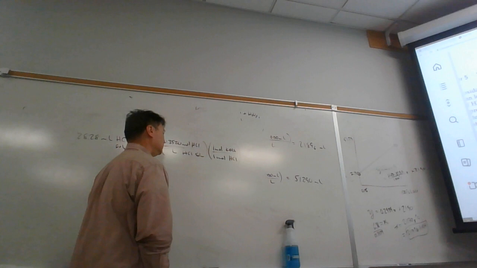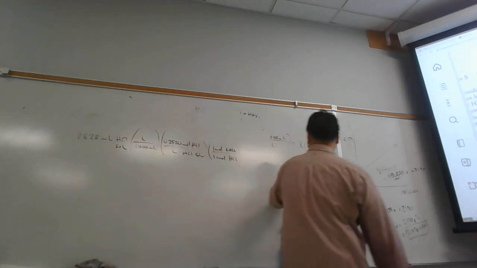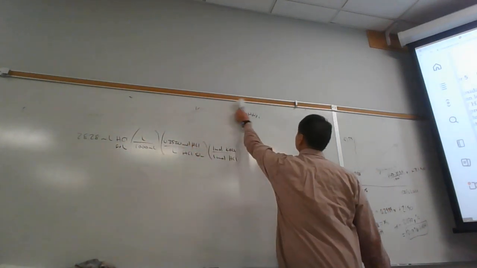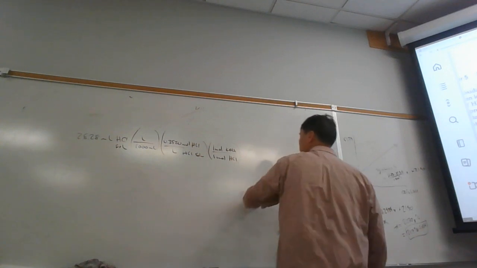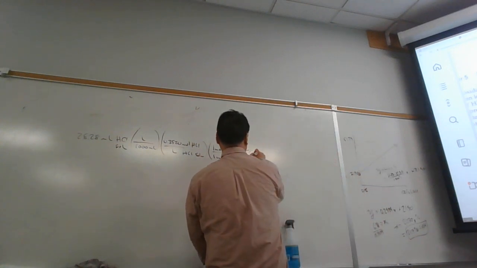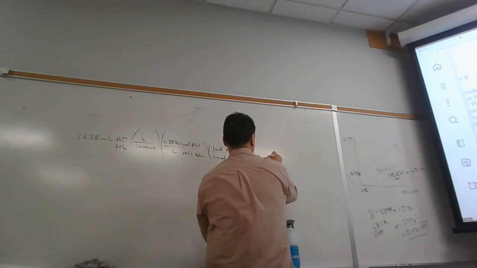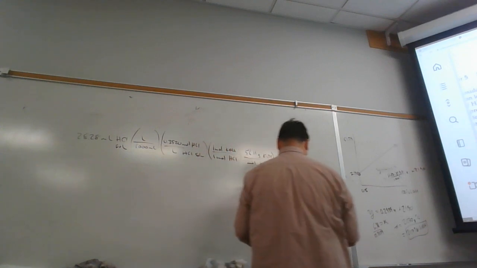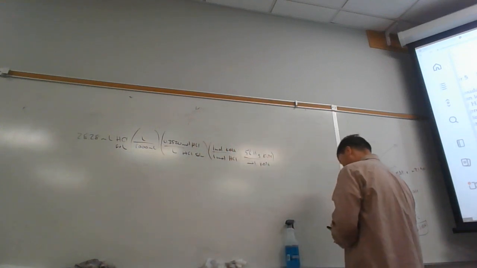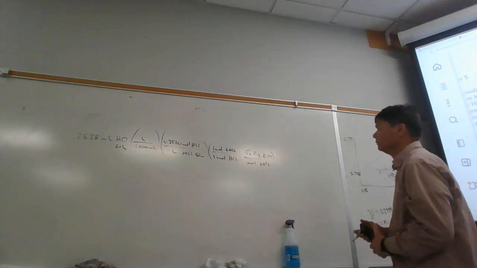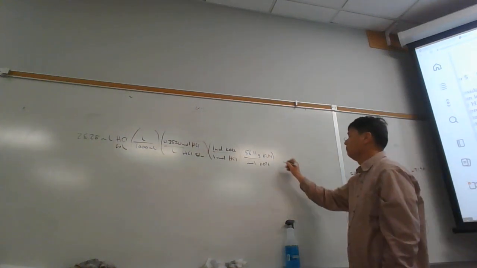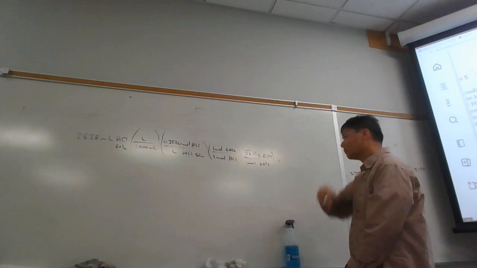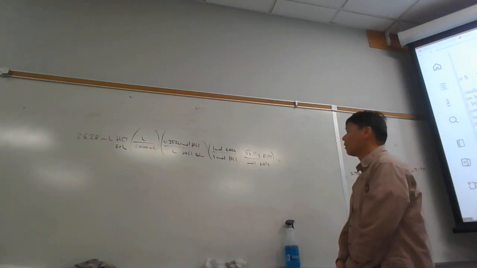And then I used the molar mass of potassium hydroxide, 56.11 grams to 1 mole. And then I did that again for lithium hydroxide with the other molar mass.